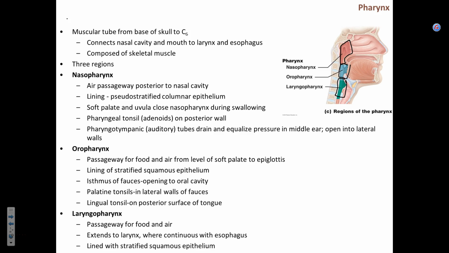Important structures that you should be aware about. Tonsils. So you have pharyngeal tonsils around the pharyngotympanic tube and palatine tonsils in the soft palate, lingual tonsils at the bottom of the tongue right here.